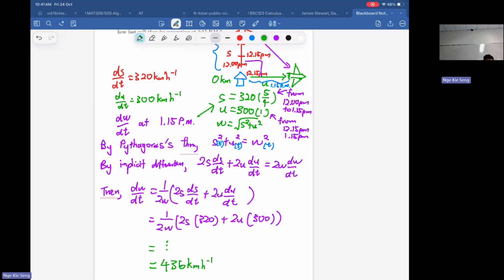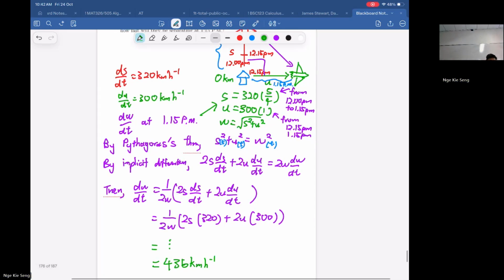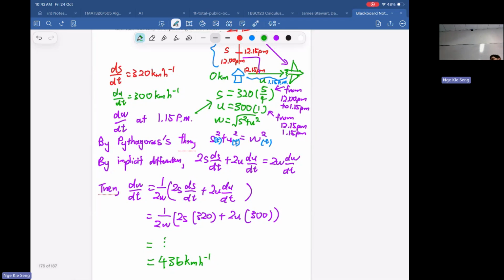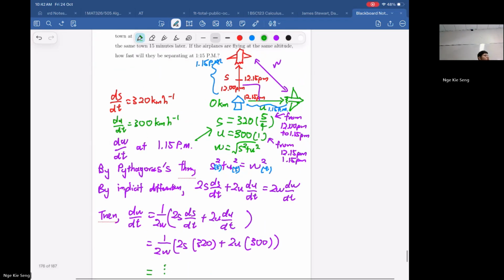So basically, what you need to put in are all the rates of change, and then you need to check the specific distance at the timing that you want to compute. This will contribute to the rate of change at that moment. Any question?